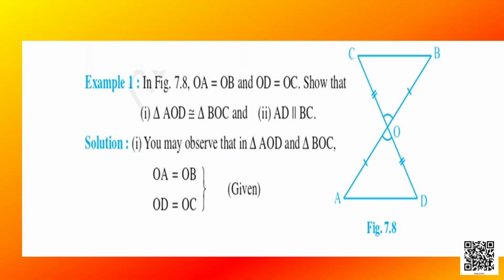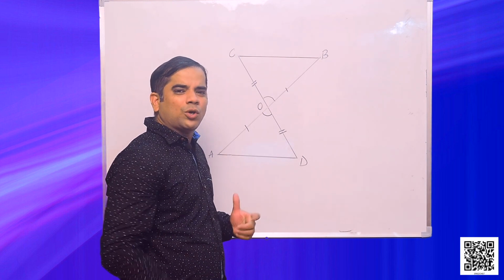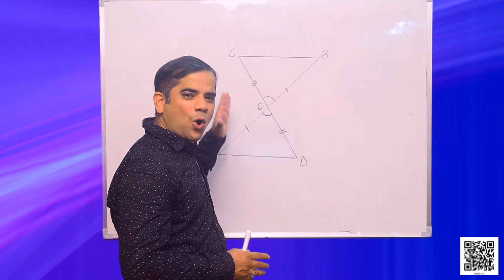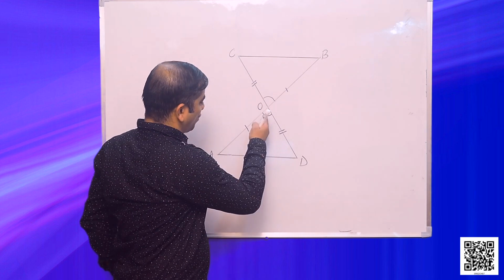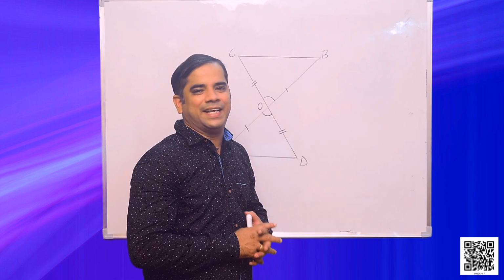Okay? Students, you can observe the diagram in your book or you can watch here. So the question says that in this diagram, OA is equal to OB and OC is equal to OD.